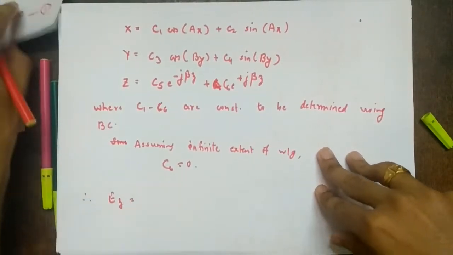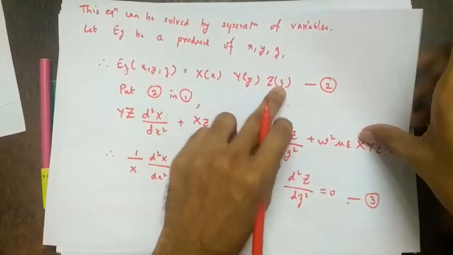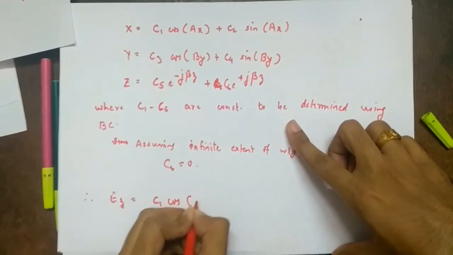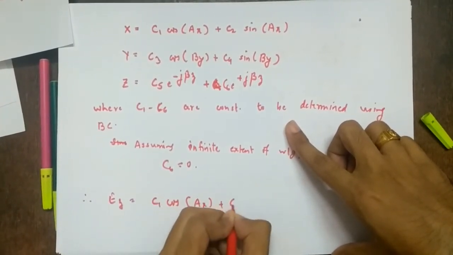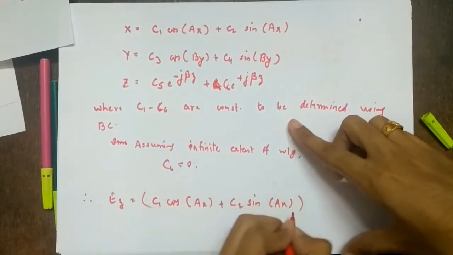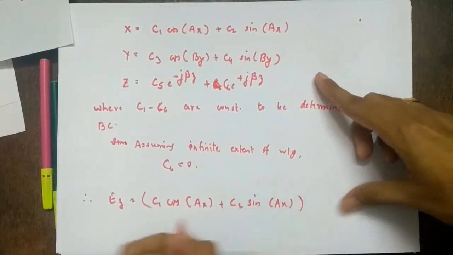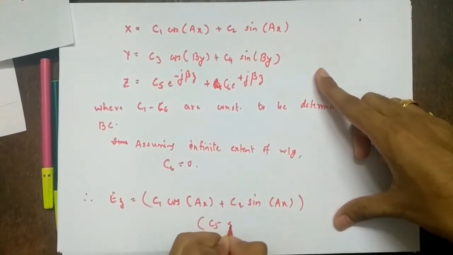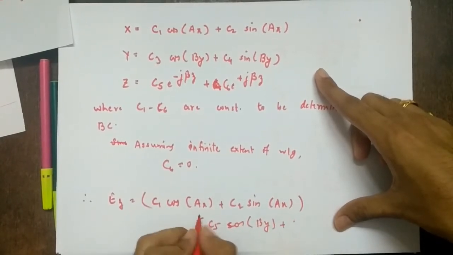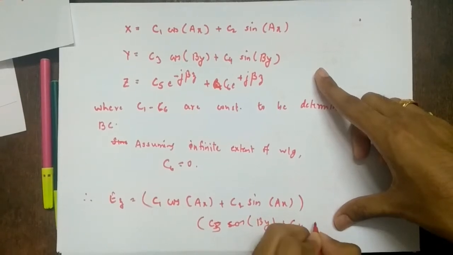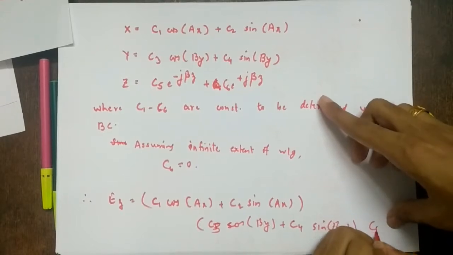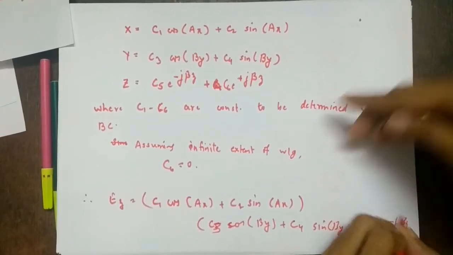Ez is a function of x, y, z, so just the multiplication of these terms: c1 cos of ax plus c2 sin of ax, into c3 cos of by plus c4 sin of by, into c5 e raised to minus j beta z.